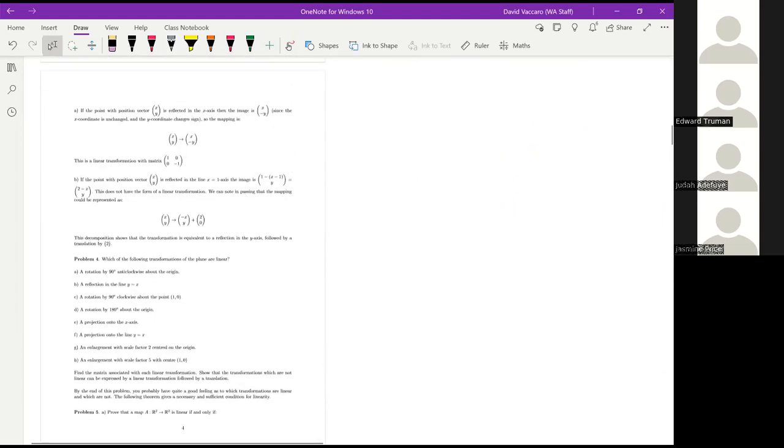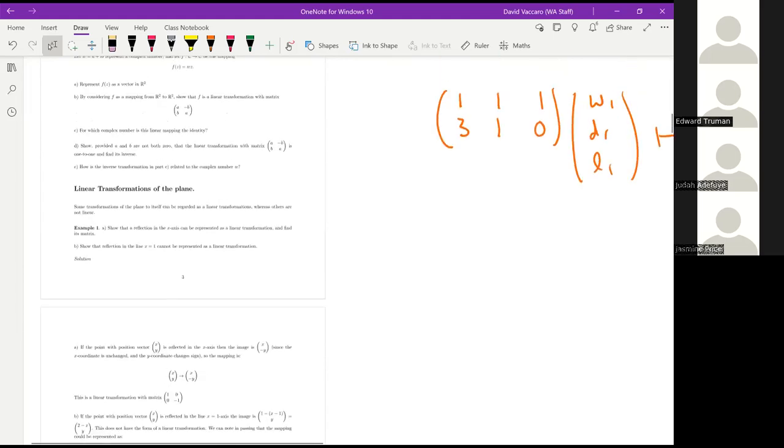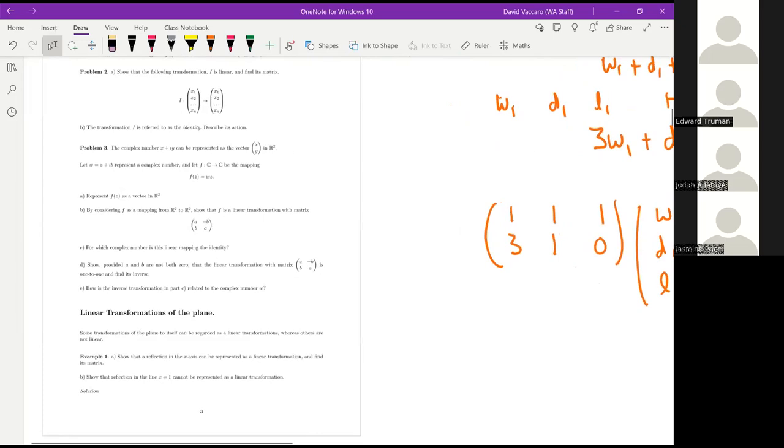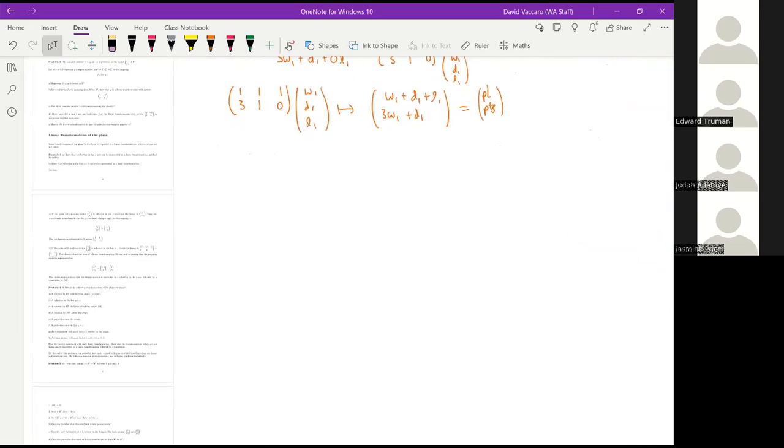I'm sorry, I'm just going to the sheet. This is a very nice problem. This is very physicsy. So what we're going to have a look at here is complex numbers.